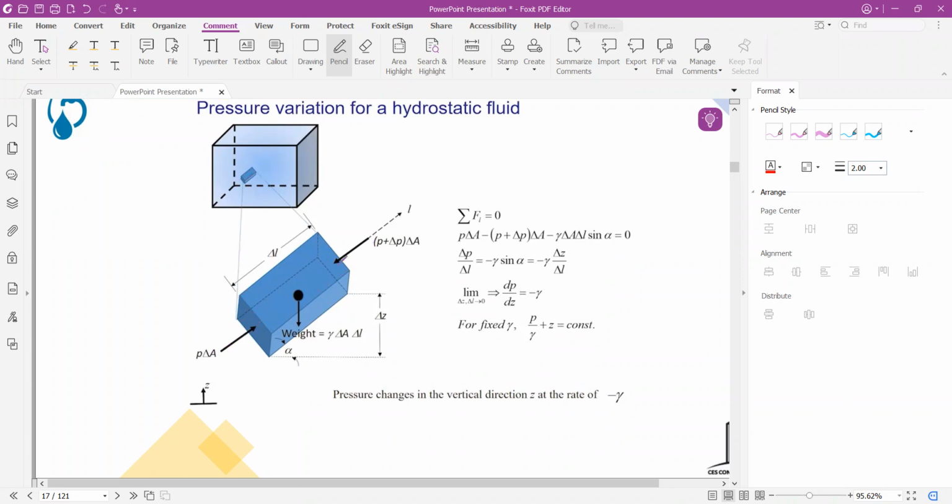The pressure or force acting at another point will be different, because the pressure increases as we move downward. So at that point, the pressure will be less as compared to the pressure at that point. As we know, the pressure is equal to F by A. So the force exerted at that point will be equal to PA.